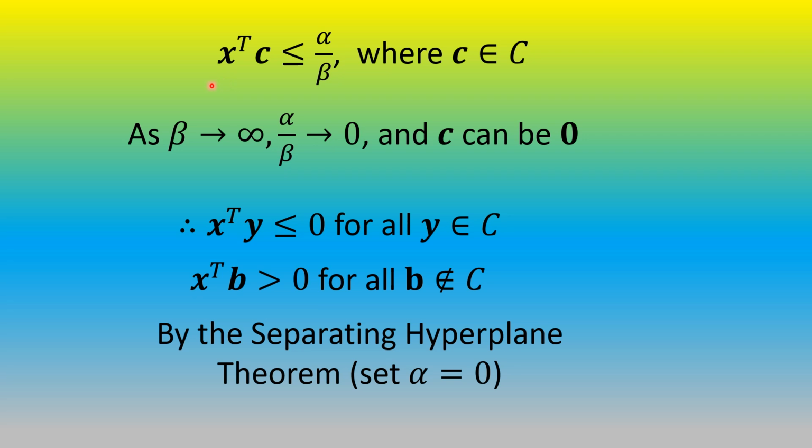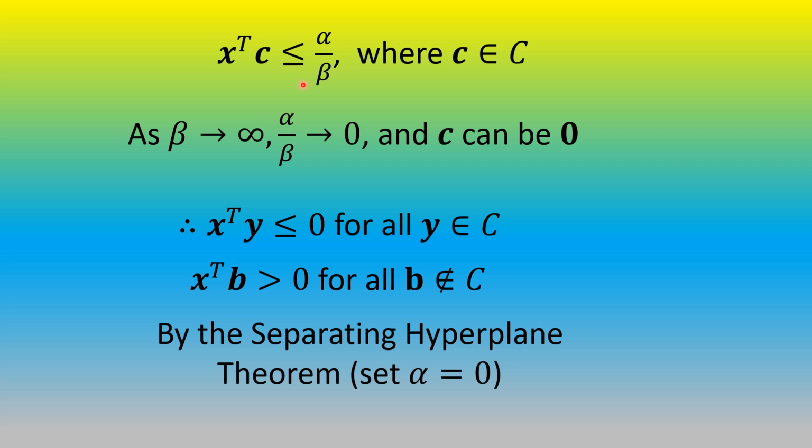So we have this limit on x transpose c, where c is a vector in the cone. But how far can we go? What is the minimum value that x transpose c can be? So what is that minimum alpha over beta? Well, we can get that minimum by making beta approach infinity. And that means that alpha over beta approaches 0. But not only that, c can be the vector 0. So the minimum x transpose c is 0.